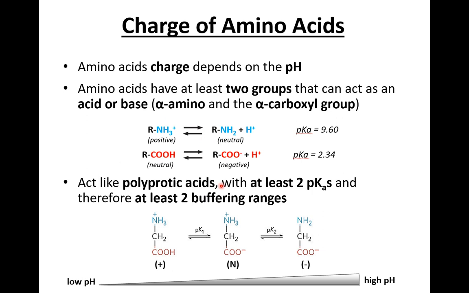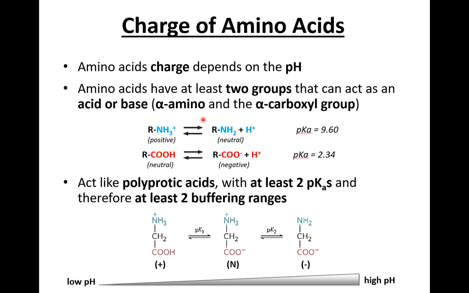Like any polyprotic acid, they would have one pKa for each ionizable group. And so they would have at least two pKa's, one associated with the amino group, which in this example is 9.6, and the other one associated with the carboxyl group, which is 2.34.